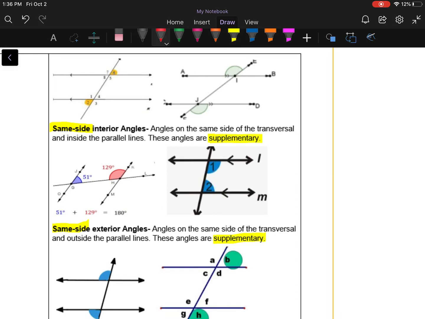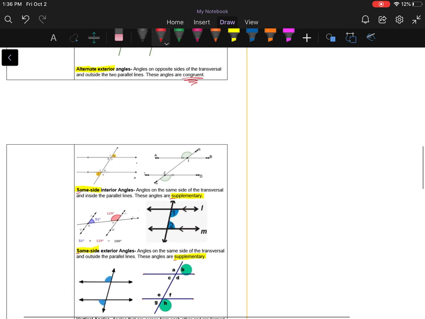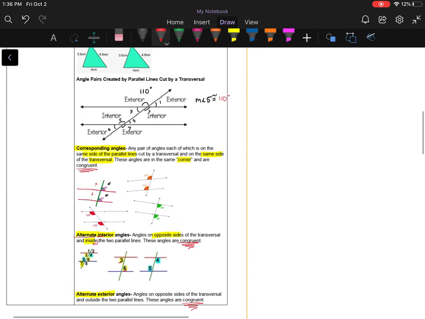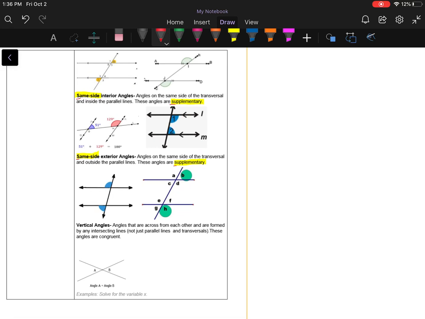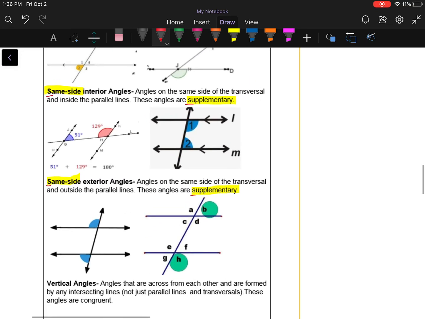The first letter is an S, and therefore they are supplementary. So same side, supplementary. All the other ones don't start with S's. They start with A's, C's, and a V. If you can remember that, if they are same side, they are supplementary. Supplementary means they equal 180 degrees, which is what we just covered like 3 minutes ago.